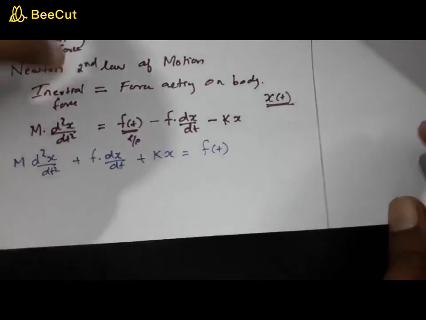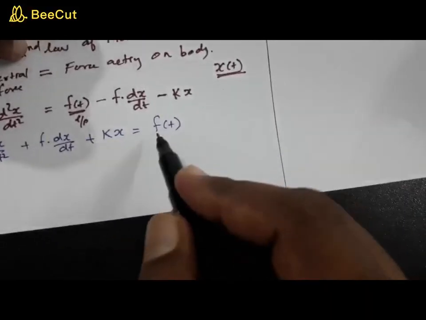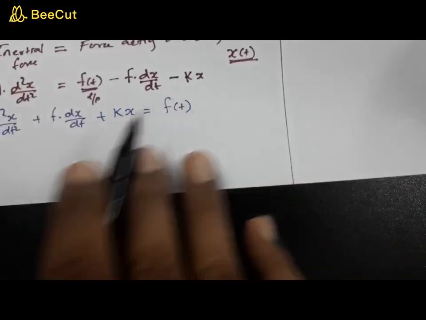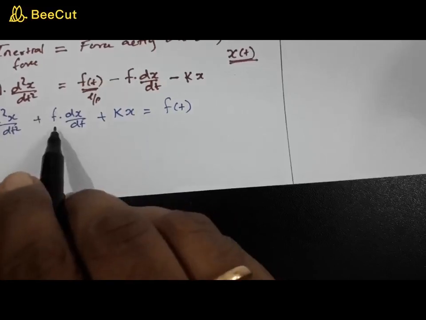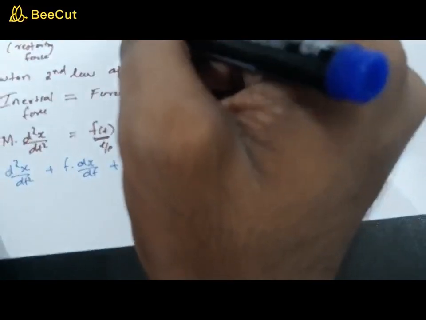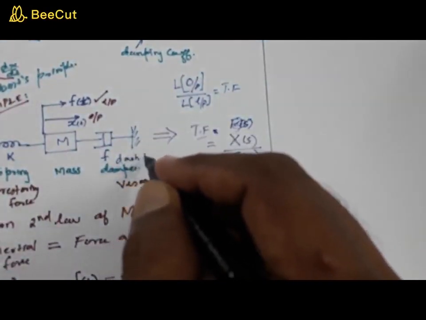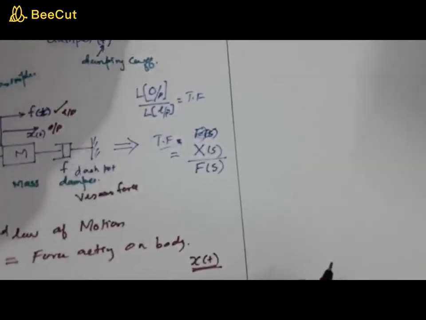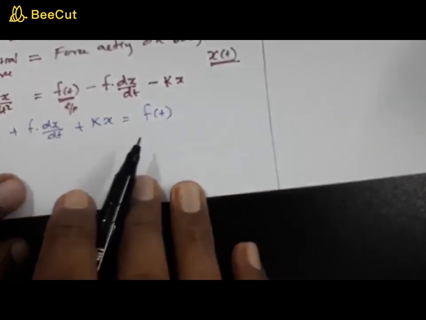You can also see this as the principle of conservation of energy: you are applying energy in the form of force, and it gets distributed along the mass, along the damper, usually called the dashpot damper, and it is also contributed by the spring.